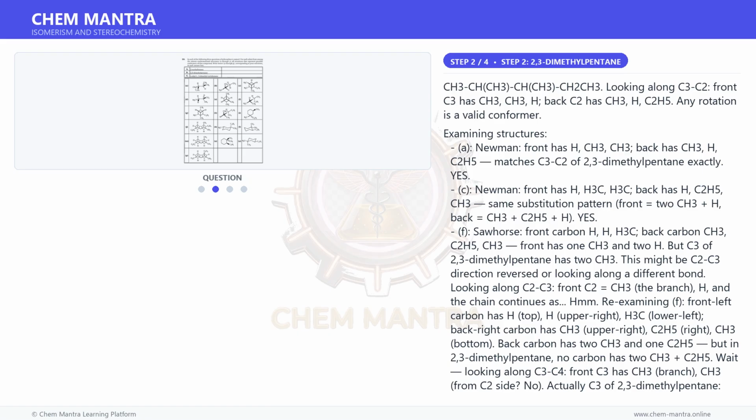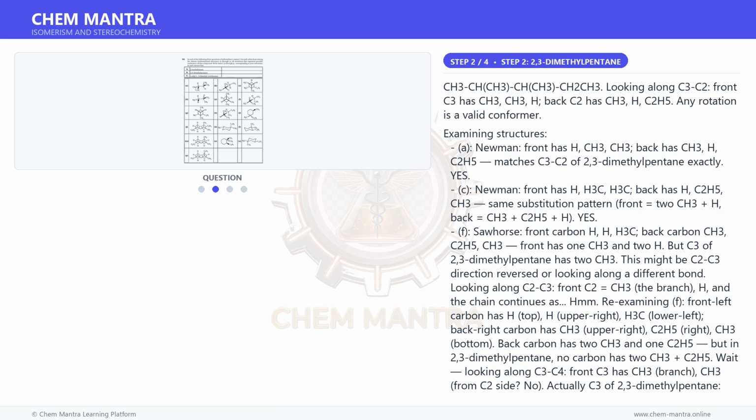But C1 is just CH3. For 2,3-dimethylpentane, C2 is bonded to C1, CH3, the C3 CH3 branch, and H. So C2 has CH3, C1, CH3 branch, H, two methyls and H, which matches structures A, C fronts.